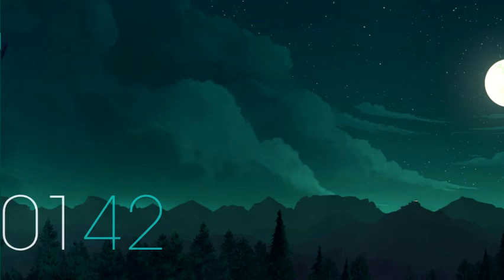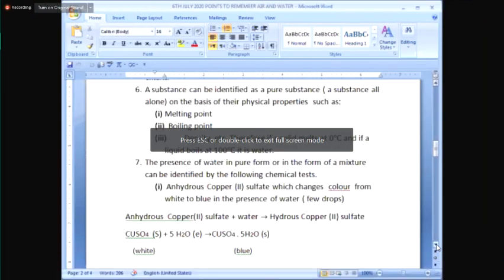If it is pure, by pure I mean a substance which is present all alone, on the basis of their physical properties, such as melting point, boiling point, density, etc.